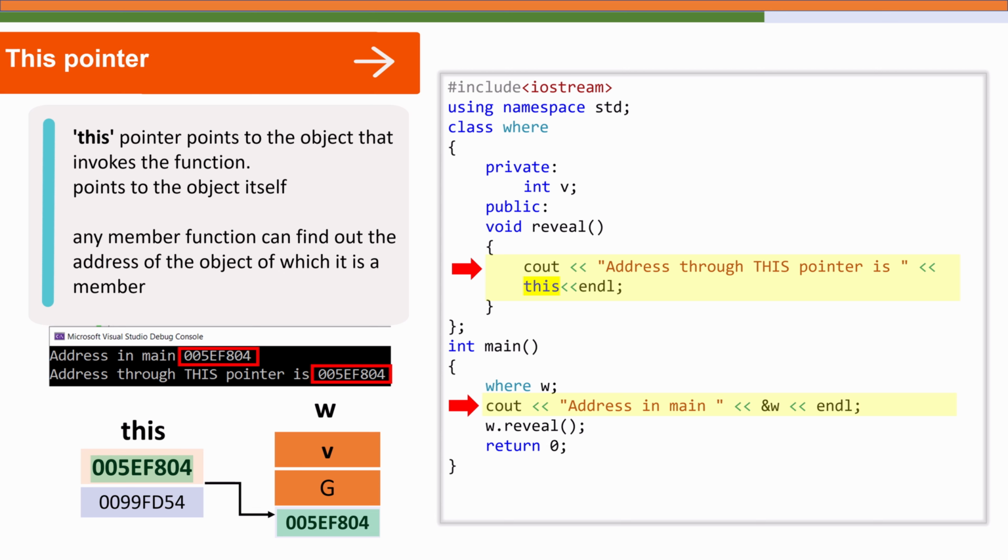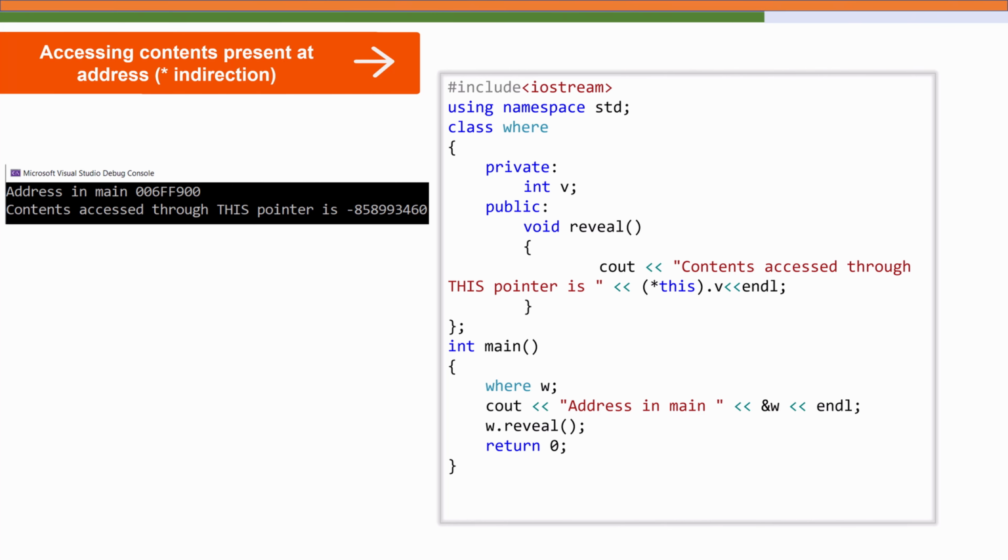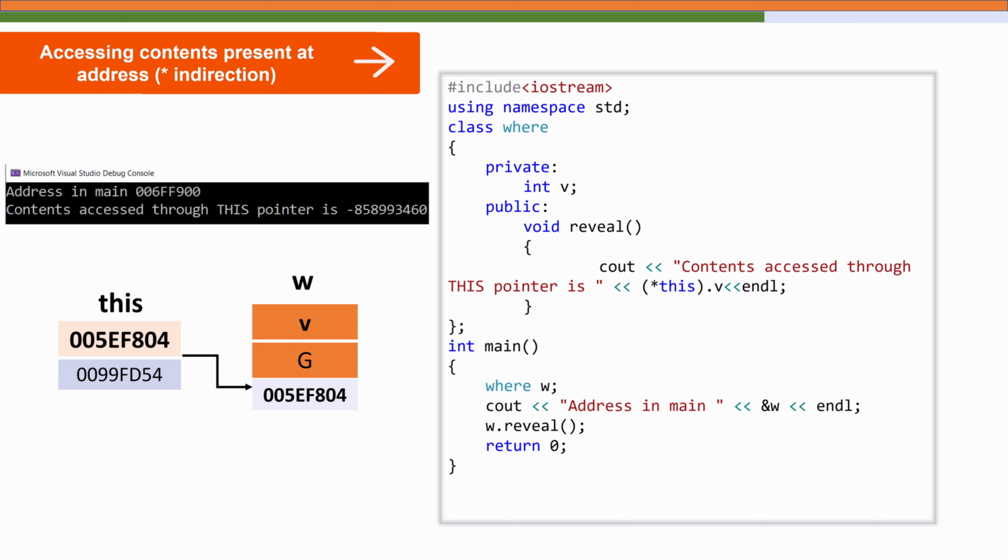The this pointer is extremely useful when we want to refer explicitly to the current object, to its current instance. And now that we know what the this pointer is, a pointer that refers to the current object, let's see how we can actually use it to access the object's contents. Remember, this is a pointer, and pointers do not hold values directly. They hold addresses of memory locations.